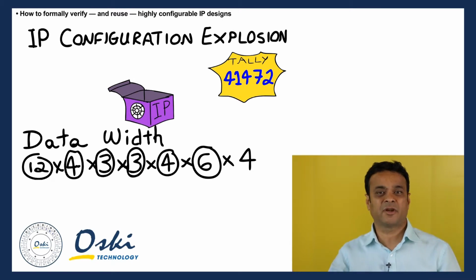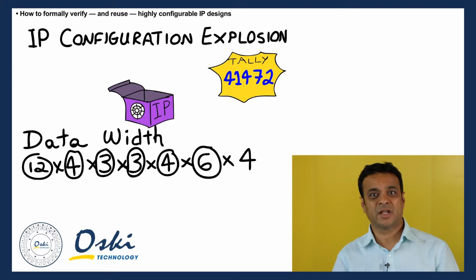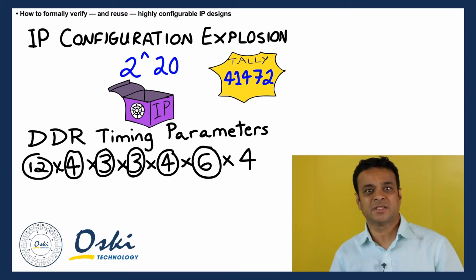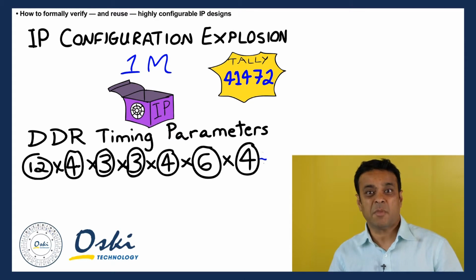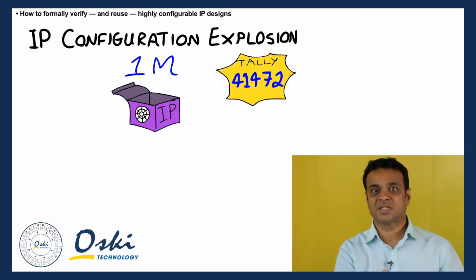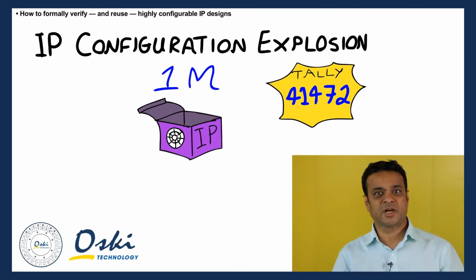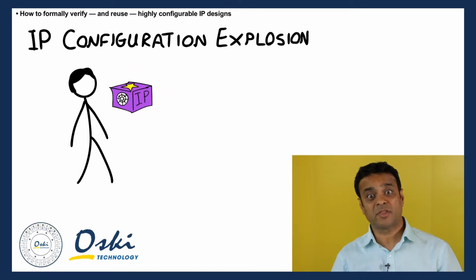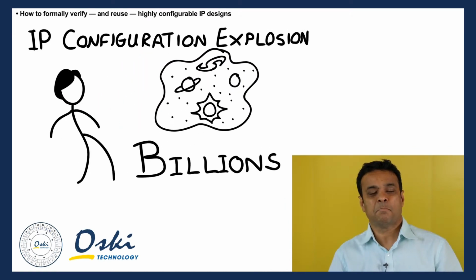And I have so many other configuration choices that I haven't listed here. For memory controllers, for example, I have all of these DDR timing parameters like CAS latency, RAS to CAS delay, the row precharge time, and there are tens of these. So if I multiply all of these different configurations, I have billions of them.